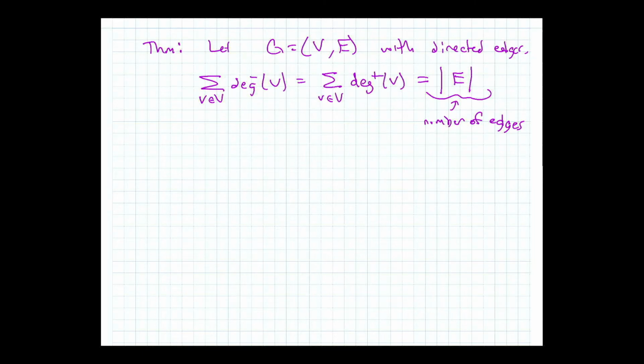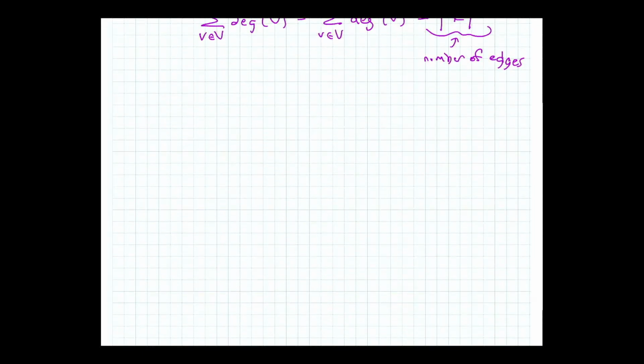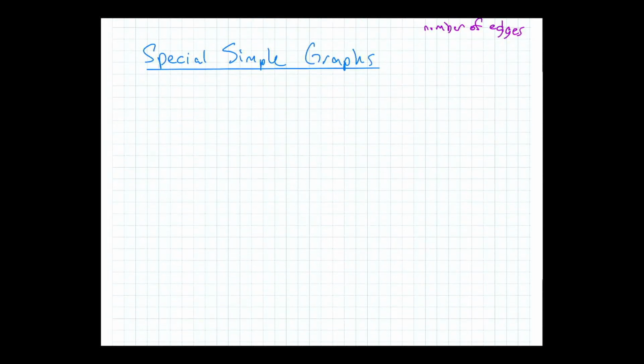Okay, so now let's look at some simple graphs. Special simple graphs, I guess we could call them. These are graphs that have names, and so people refer to them and they expect you to know what they look like.